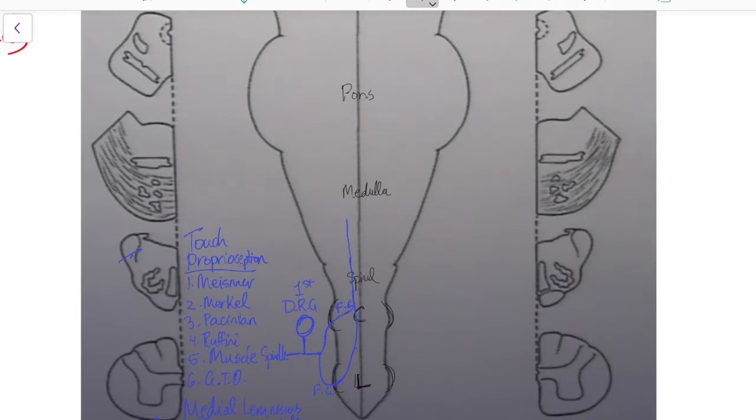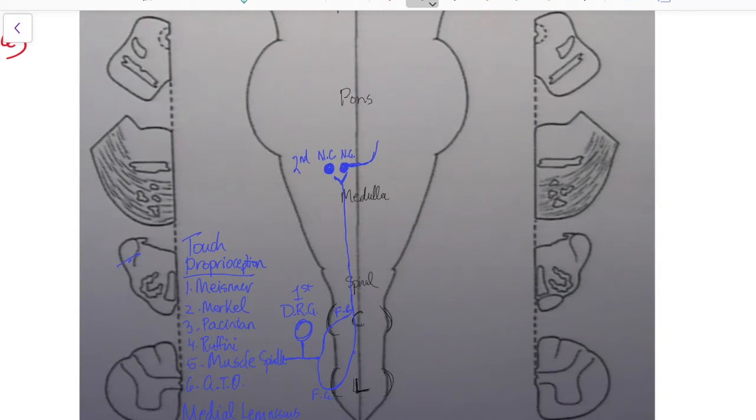We know they will synapse at the level of medulla only. So here we can have two cell bodies: nucleus cuneatus and nucleus gracilis. This is our second cell body. It will travel via the IAF, cross over in the medulla, and that's when it becomes our medial lemniscus system.